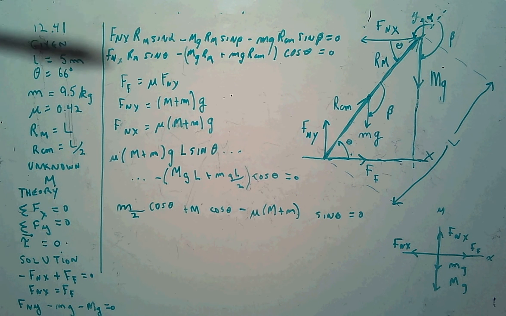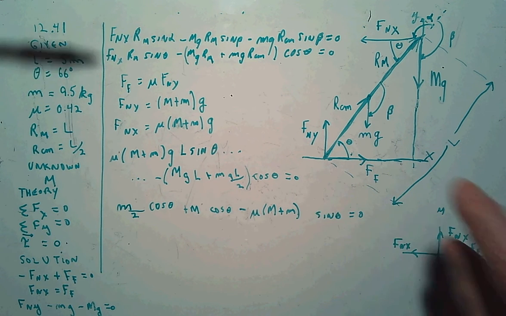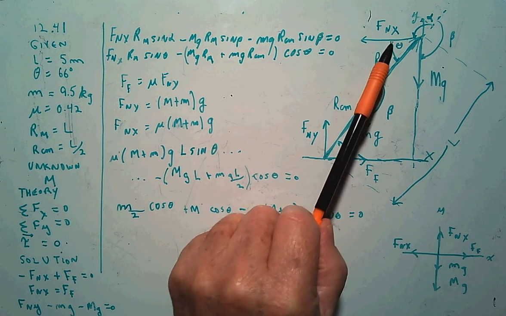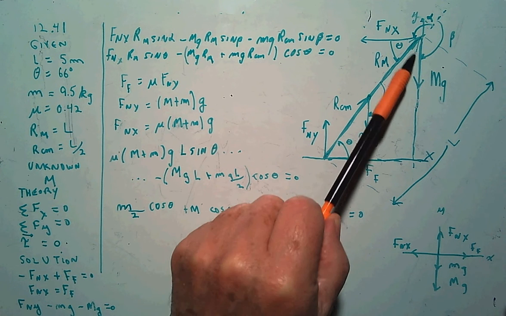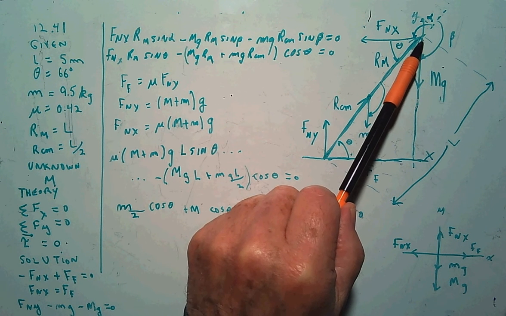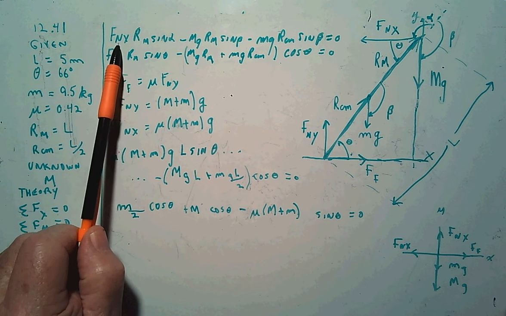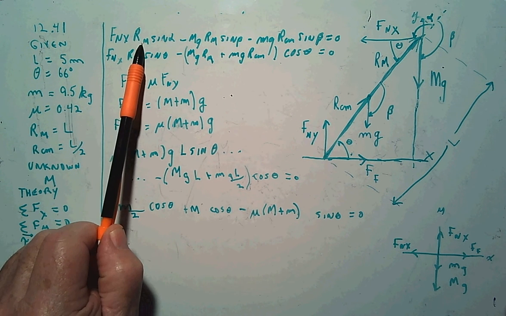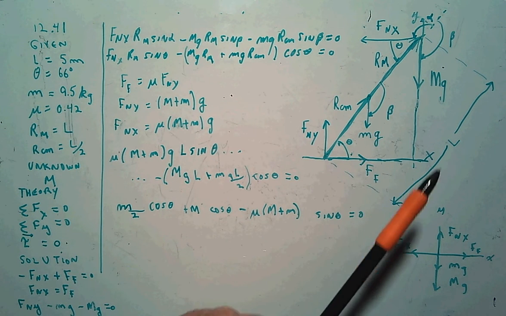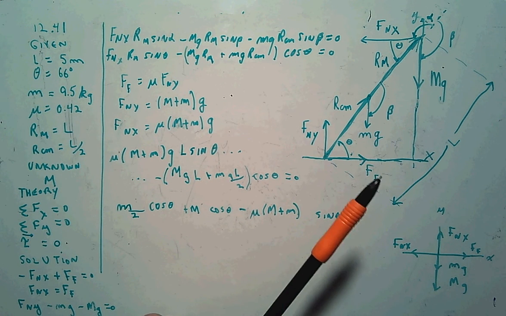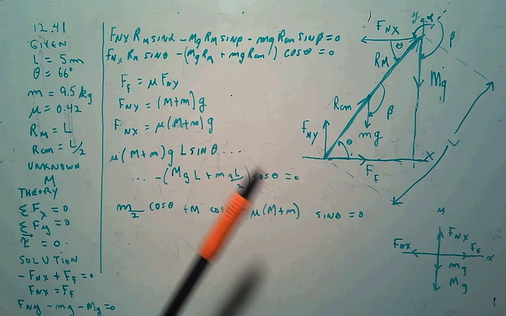And then finally, to find the torques, summed about the point at the bottom, you have the torque of Fn x, and that's applied at vector r sub m. And the angle between those two, I've labeled as angle alpha. So that torque is Fn times the distance r sub m times sine alpha. And by the way, that is a torque out of the board here. So I'm going to call that the positive direction.